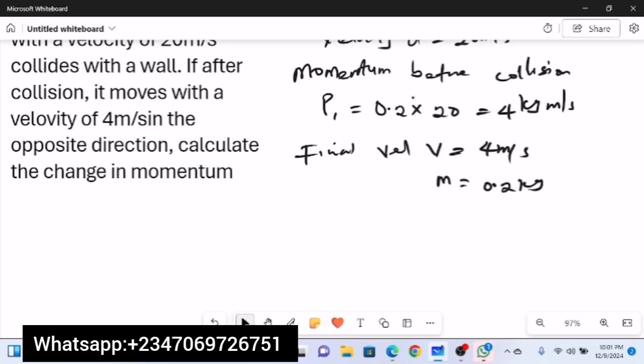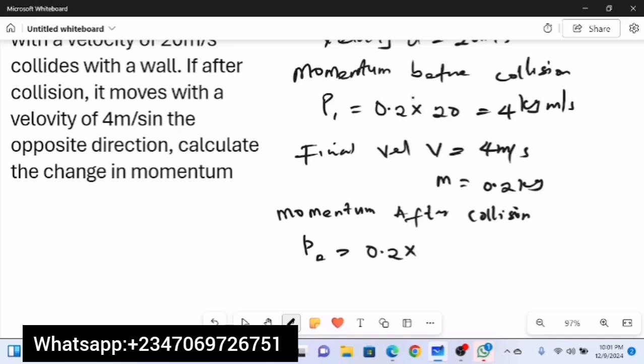So we can now find the momentum after collision. Momentum after collision, call that P2, is going to be equal to mass times velocity.